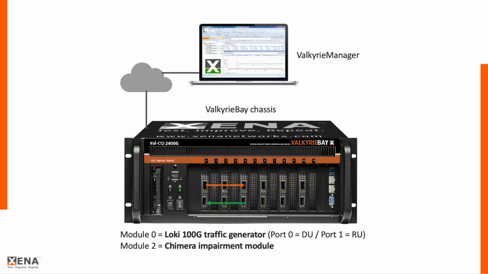Now, let's see how easy it is to test latency using Chimera in a test scenario where Chimera will impair the incoming traffic. In this scenario, we are connecting our traffic generator Loki back to back with Chimera. In a real-world ORAN test setup, you can imagine one port of Loki acting as DU and another port of Loki acting as RU.